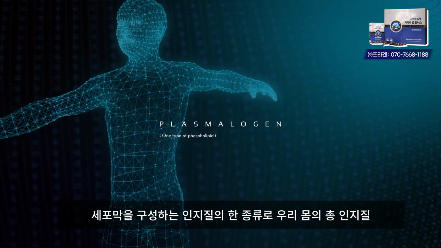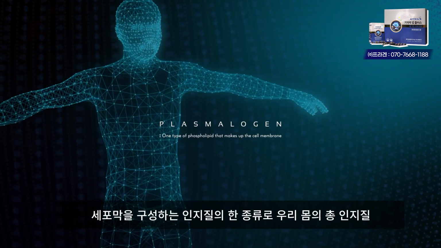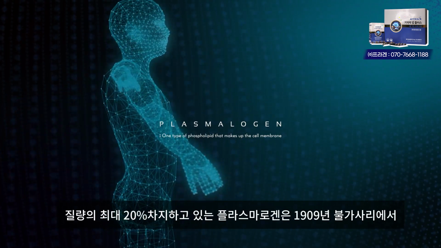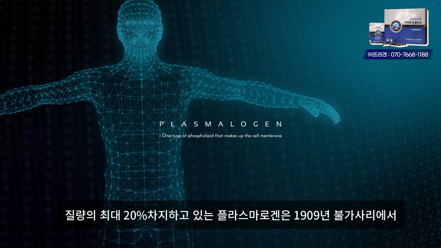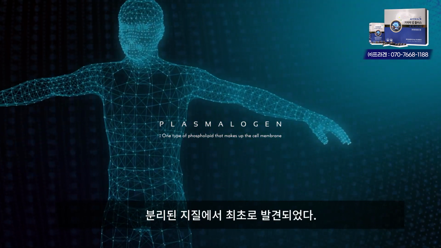Plasmalogen, a type of phospholipid making up cell membranes and accounting for up to 20% of the total mass of phospholipids in our body, was first discovered in lipids isolated from starfish in 1909.